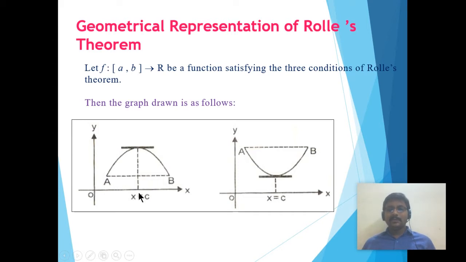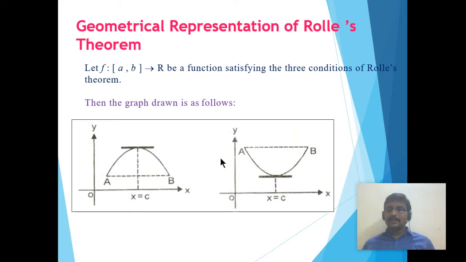In between these points, we will have x equal to c as a point. At this point, we have drawn a tangent line to the curve, and the tangent line is horizontal to the x-axis. That is, the tangent line slope is 0 here. Thus we will have f dash of c value 0.